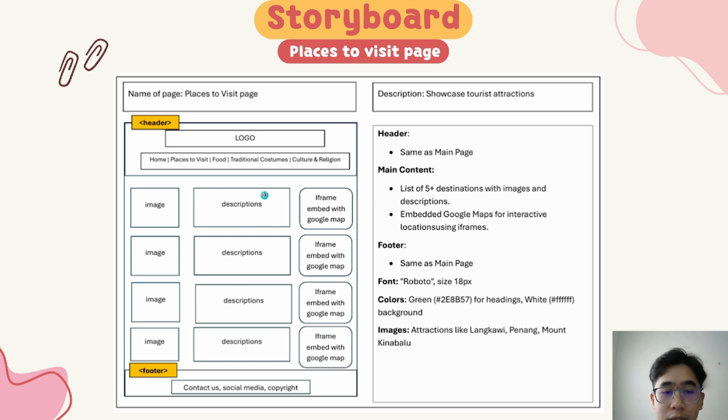And here is the description of the destination, and we will create an iframe, in which we will put the Google Map. For each of the destinations we will give a Google Map. And for the header and footer, we will maintain the same as the main page.